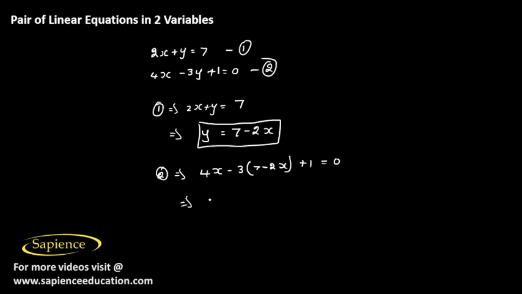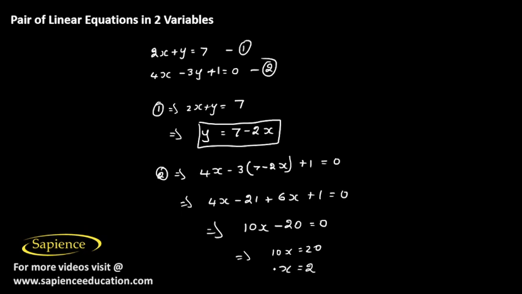So this will give us 4x minus 7 3s are 21 minus 3 into minus 2, minus into minus will become plus, and 3 2s are 6x plus 1 is equal to 0. 4x plus 6x is 10x, minus 21 plus 1 is minus 20. So 10x minus 20 equal to 0 means 10x is equal to 20 and x is equal to 2.